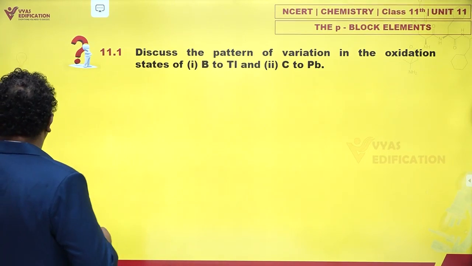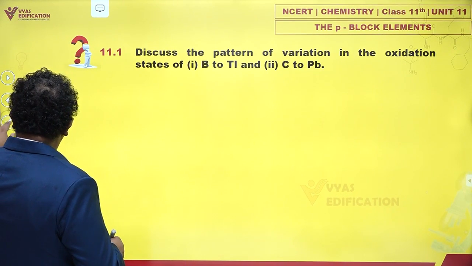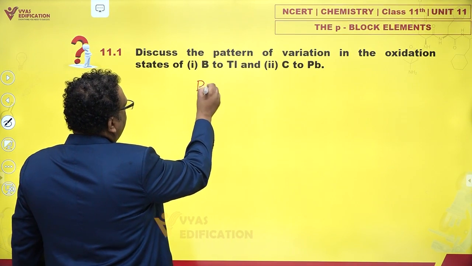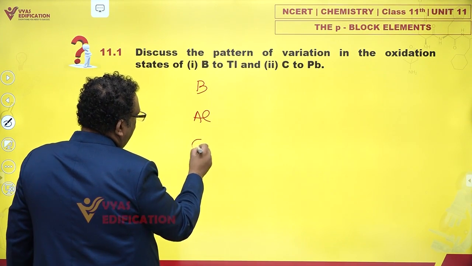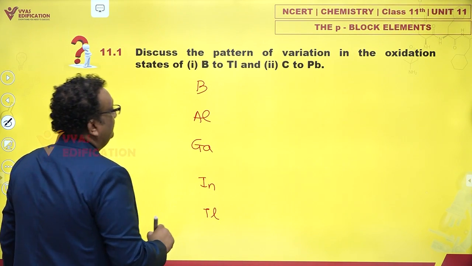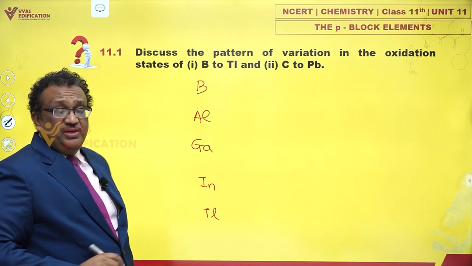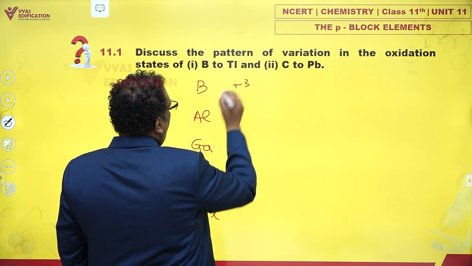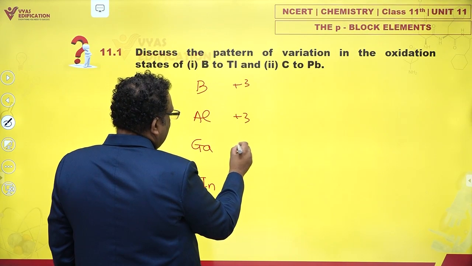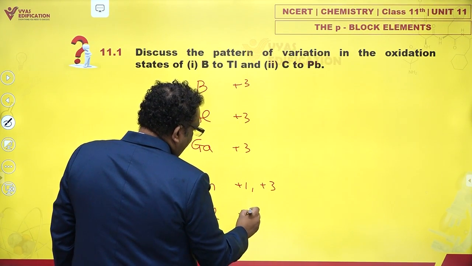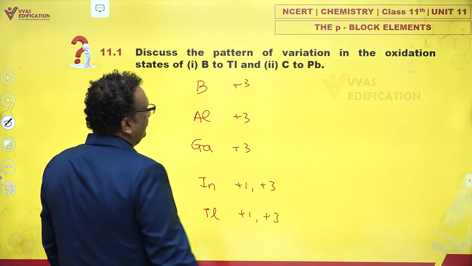Let's discuss. If you just write down the important points, you would notice boron, aluminium, gallium, indium and thallium. Now, the typical oxidation state of boron is +3, aluminium +3, gallium +3, indium +1 and +3, thallium +1 and +3.